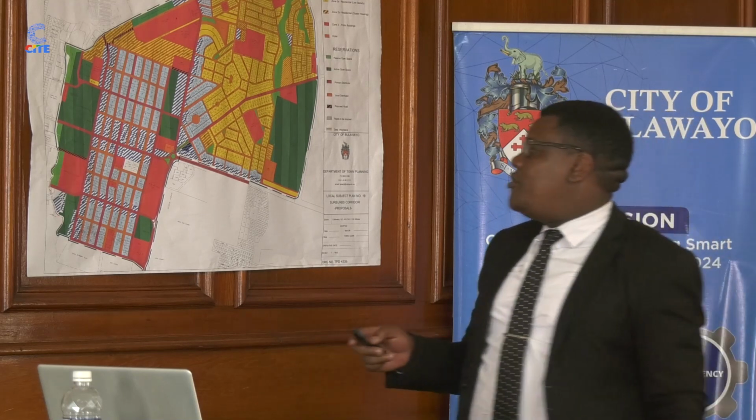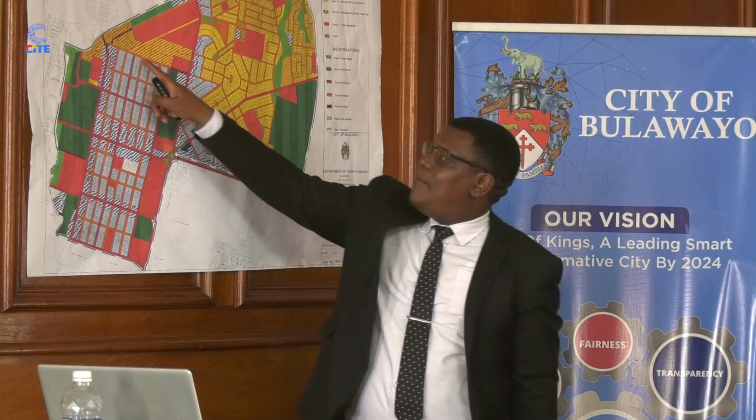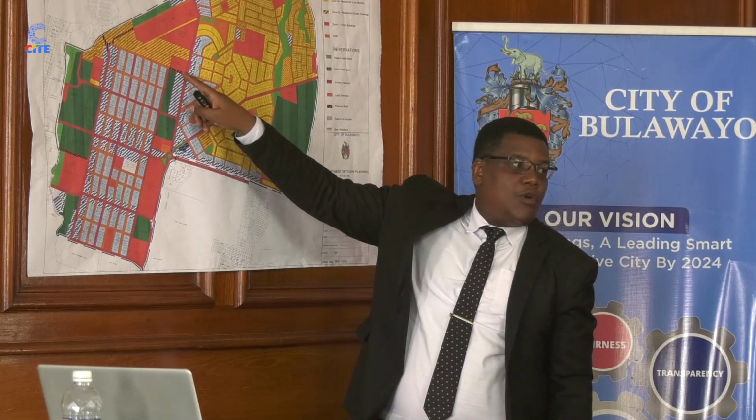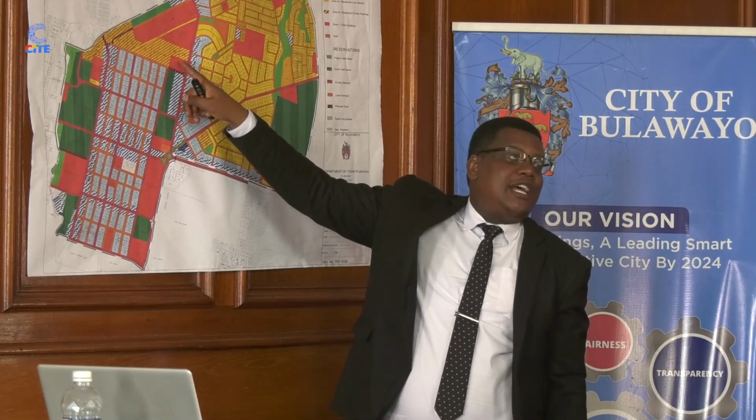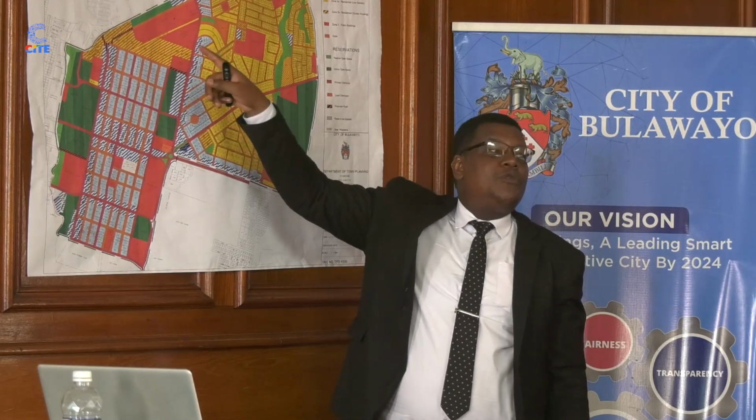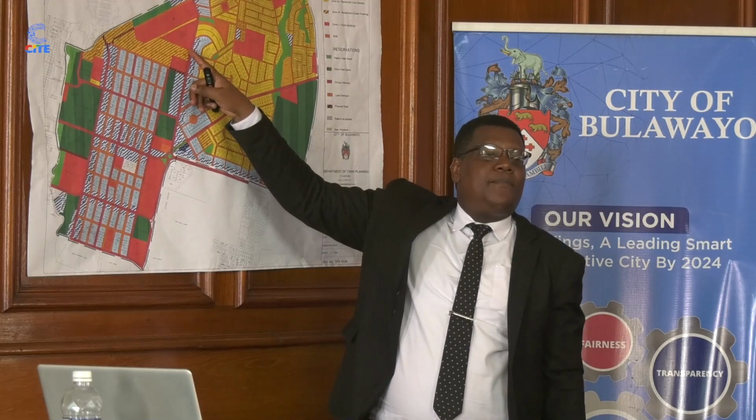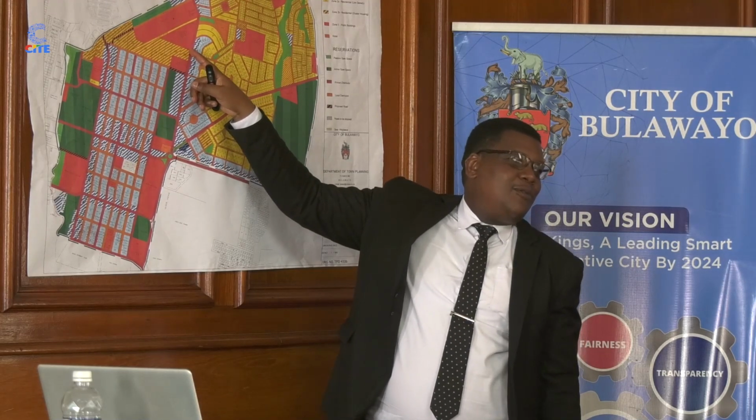Then of course, social services: it is proposed that a private hospital be established along George Avenue and at the intersection of 9th Avenue. At 9th Avenue, we have proposed a hospital site, a very big hospital which will match the standards of Imata Day.